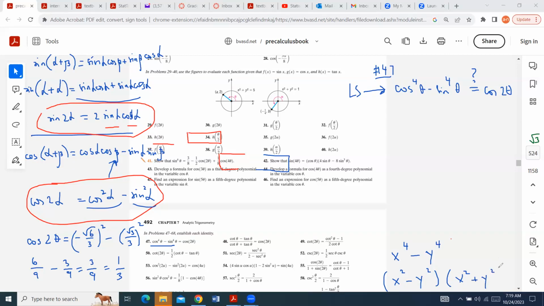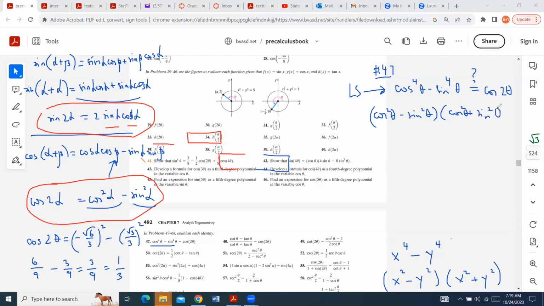Because if you FOIL this, you're going to have first term squared, so x squared squared will be fourth power, and same with the second term, minus y to the fourth. So now instead of x and y, I have cosine and sine. So I put cosine squared theta minus sine squared theta multiplied by cosine squared theta plus sine squared theta.